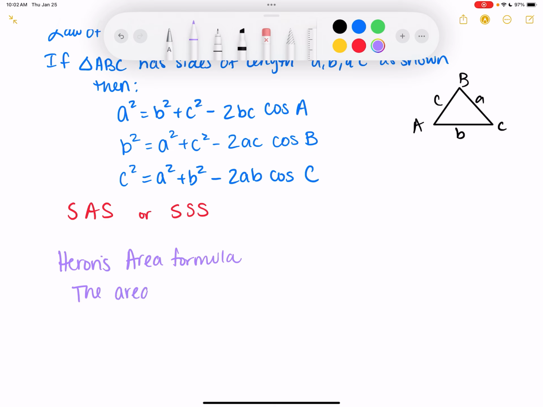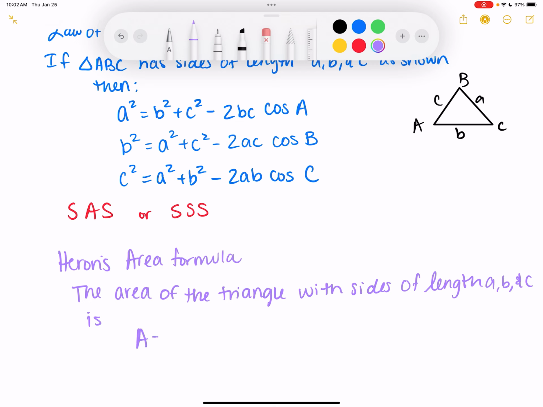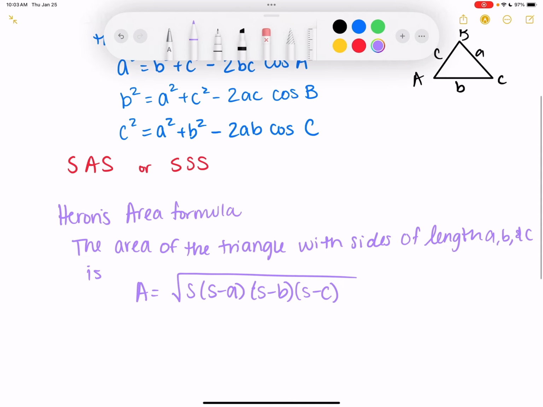The area of the triangle with sides of length A, B, and C is equal to the square root of S times S minus A times S minus B times S minus C. And you're probably like, what is S? They don't give us that. S is 1/2 A plus B plus C. So you add up all the sides and take half of it, and then that's what S is for that formula.